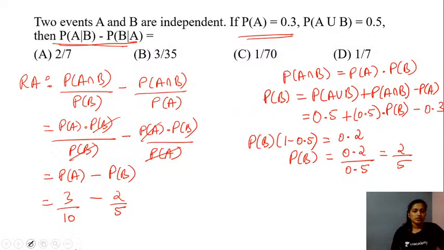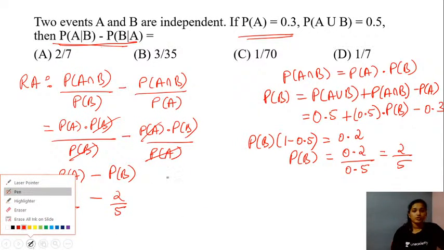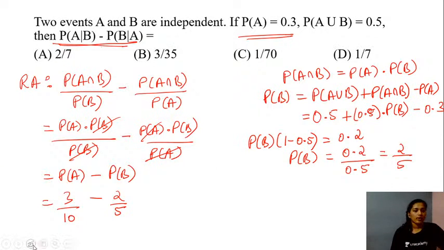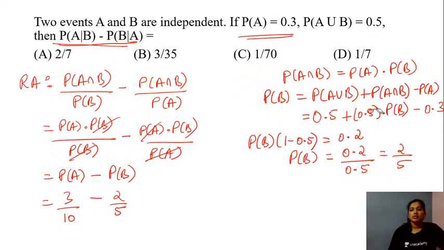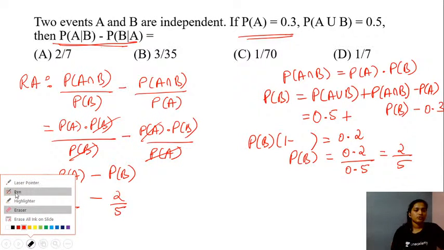Sorry students, a small mistake with the substitution. Right here, the probability of your event A is 0.3. So please do make a small change, right? The error is here. I did have a wrong substitution here.